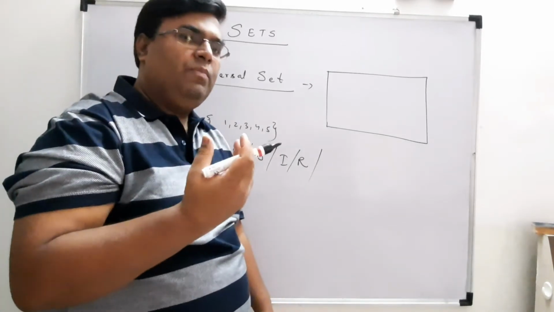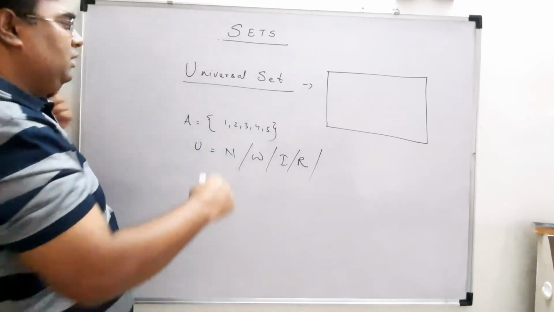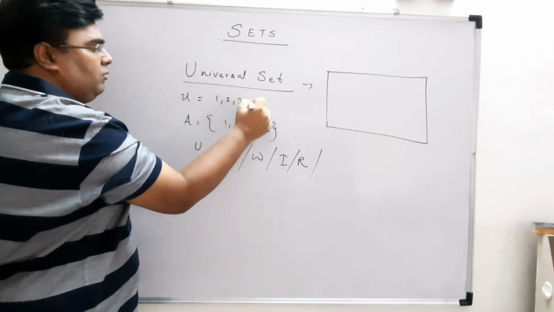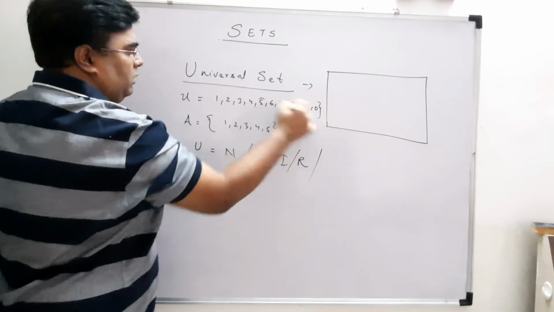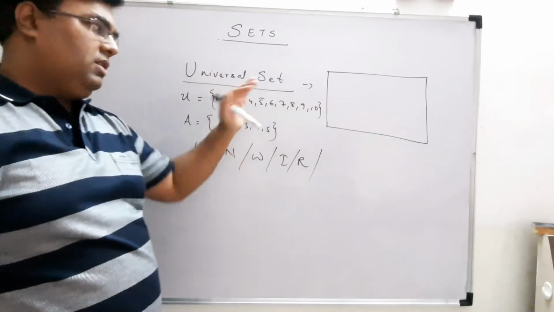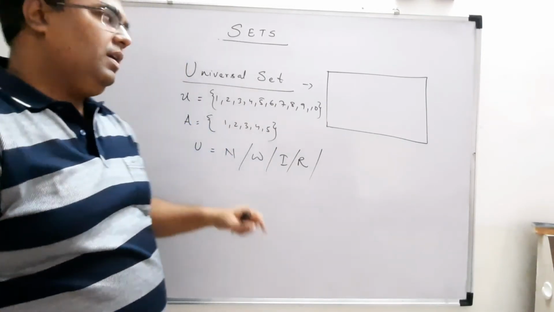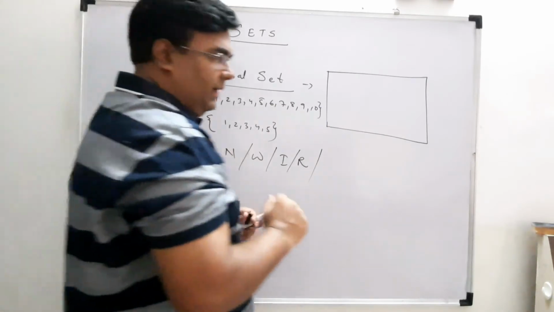normally in question you will get what is my universal set. For example, it will be given that U is equal to like this. It is given that U is 1 to 10. This is my universal set for this particular question, okay? And then A, B, C and everything will be given, correct?